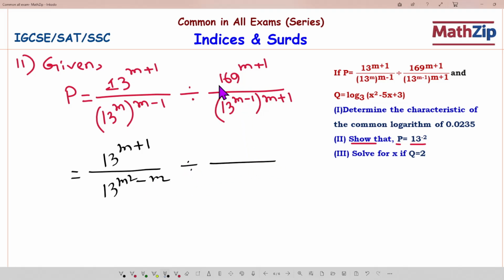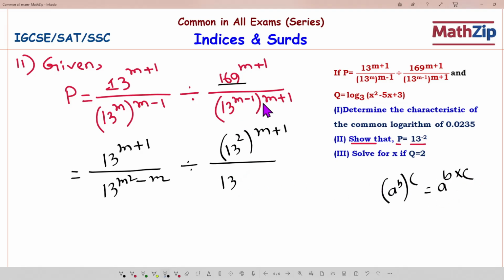divide 169, a perfect square, so it will be 13 square, to the power m plus 1, and this one 13. So we know a to the power b to the power c means a to the power b times c. So this is m minus 1 and m plus 1, so it will be m square minus 1, right? Next, the base is the same. In this case the power will be subtracted because this is division.